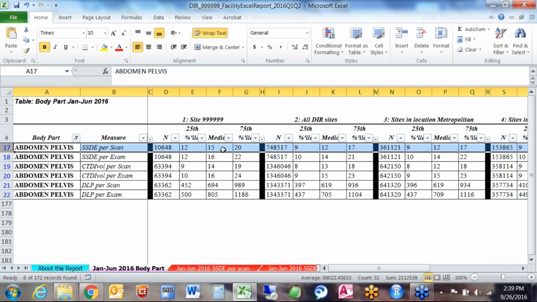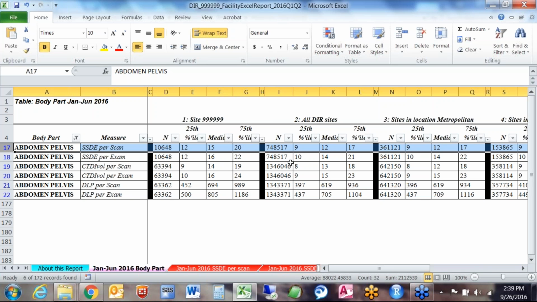Median was 15 milligrams, which means 50% of the exams were 15 milligrams or less. 25th percentile is 12, meaning 25% of the exams were 12 milligrams or less. Likewise, 75th percentile is 20, meaning 75% of the exams were 20 milligrams or less.